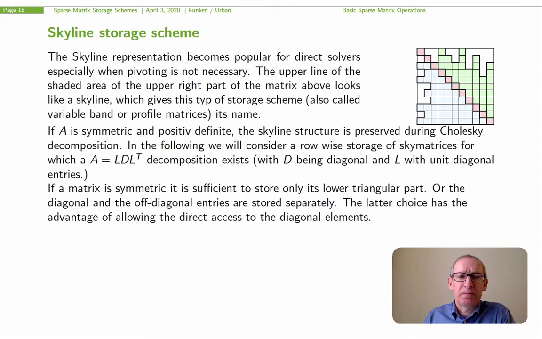So if our matrix is symmetric and positive definite, the Cholesky decomposition exists without permutation. It will be enough to store the diagonal and the lower part. We have the usual decomposition of Cholesky, L times L transposed, or a decomposition L D times L transposed, where in this situation the diagonal entries of L are all 1.